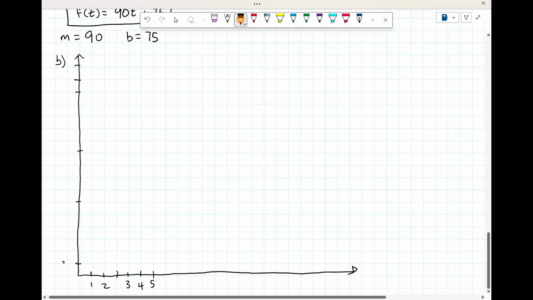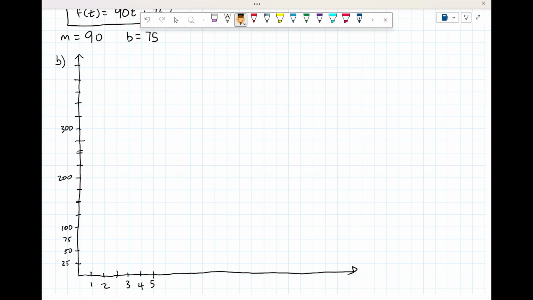So this will be 25, 50, 75, 100. And so the next one would be 125, 150, 175, 200. Go up 4 more, so 225, 250, 275, 300. 325, 350, 375, 400.